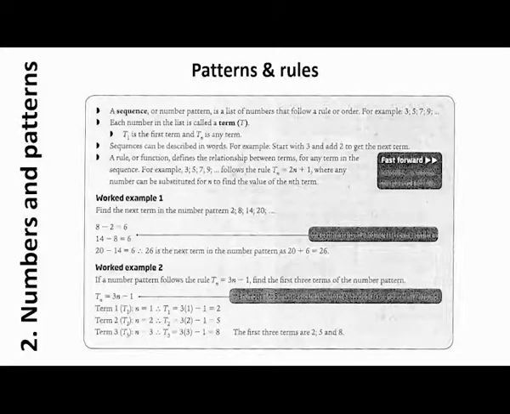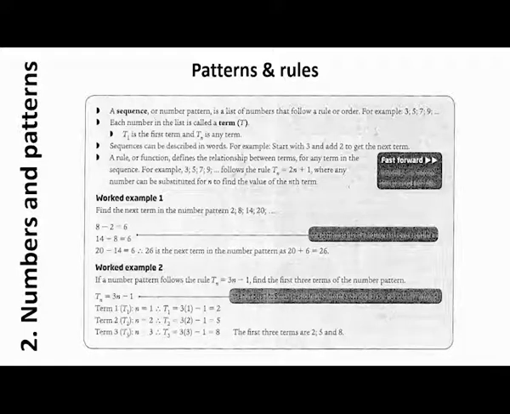If you have patterns and rules for numbers and patterns, there are a sequence, for example 3, 5, 7, 9. Each number in the list is called a term, which is T, and T1 is the first term and Tn is any term. Sequences can be described in words.